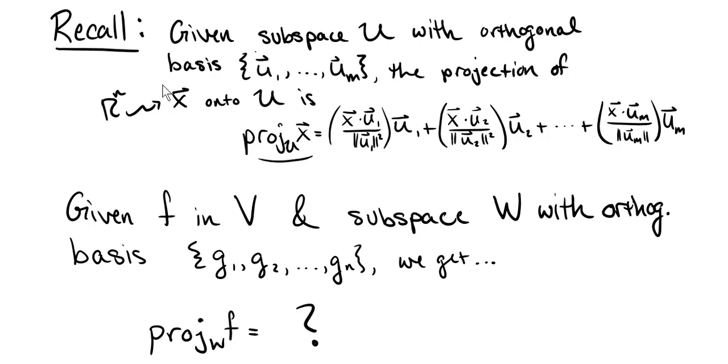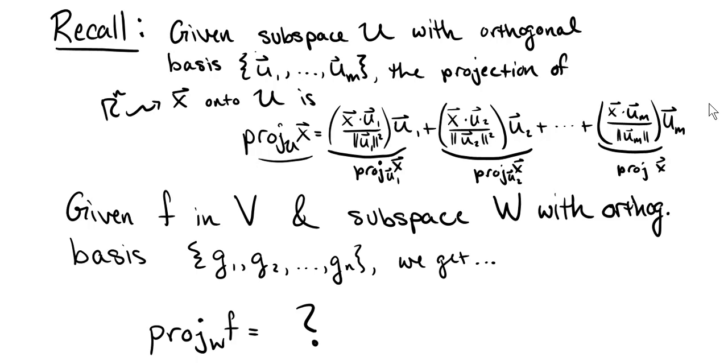The projection of X onto this subspace is exactly what we described here. It is the projection of X onto each of the basis vectors U1, U2 through UM. If you go back in your notes, you'll see this formula is the projection of X onto basis vector U1, this is the projection of X onto basis vector U2, and so on.